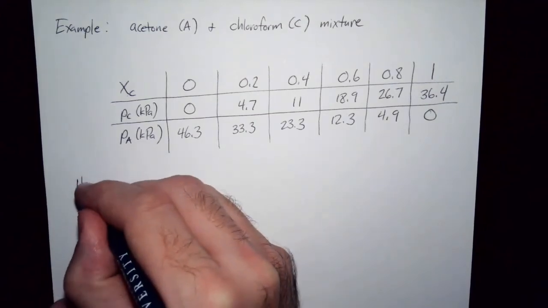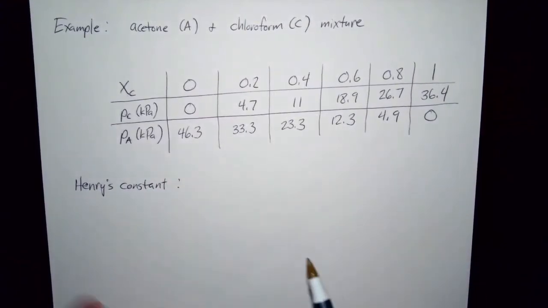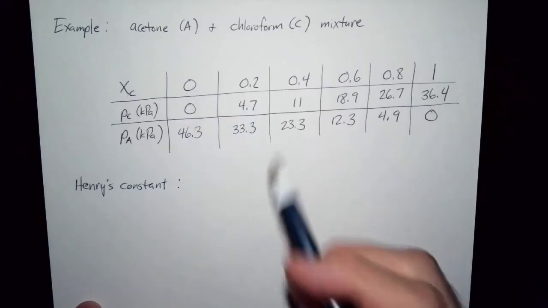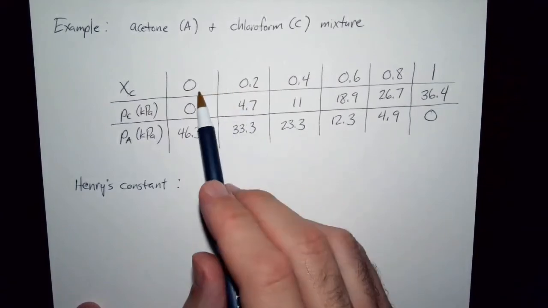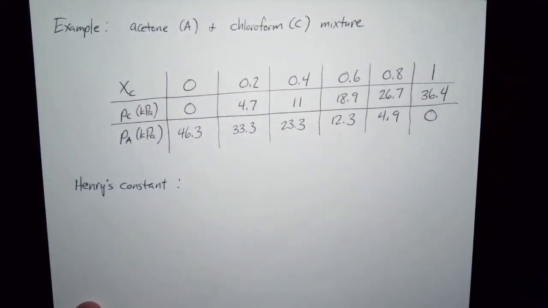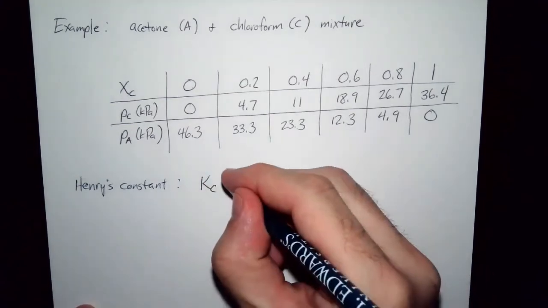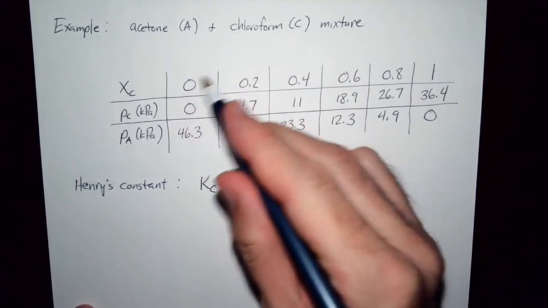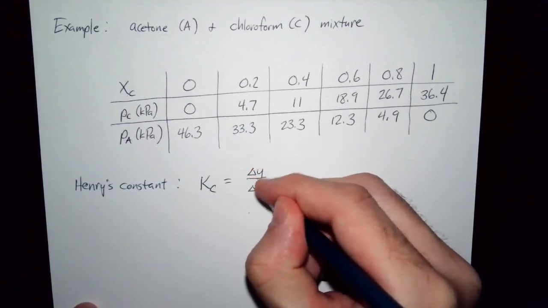So here's how we find Henry's constant. I want the slope. I'm going to use these first 2 points because that's the best that I have in this data. I need 2 points to get a slope, and these are the 2 that include a mole fraction of 0. So Henry's constant for the chloroform, Kc, is going to equal the slope between these 2 points, delta y over delta x.